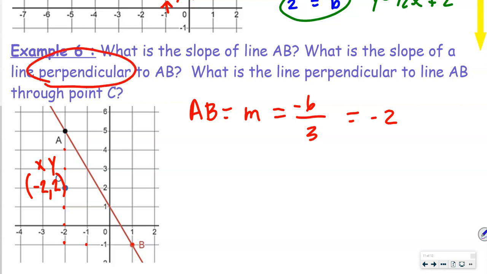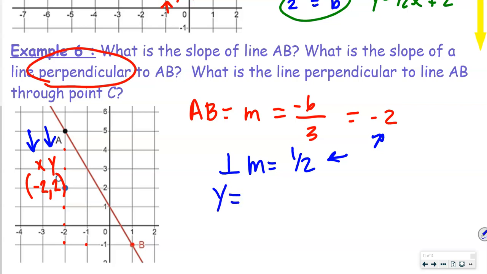So what we want is to take this slope and find its perpendicular. So the perpendicular m is going to be positive 1/2. Because remember, -2 is -2 over 1. So now we're going to use the x and y here, but we're going to use the slope of 1/2 because we're looking for the perpendicular slope.